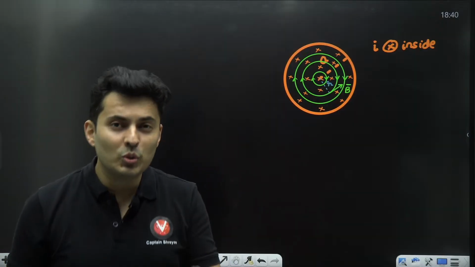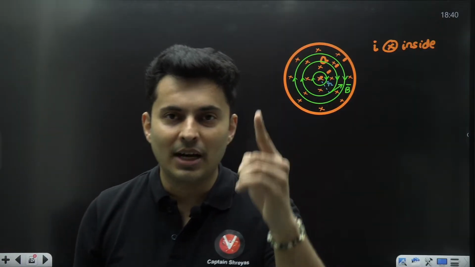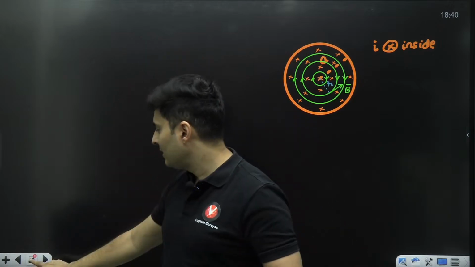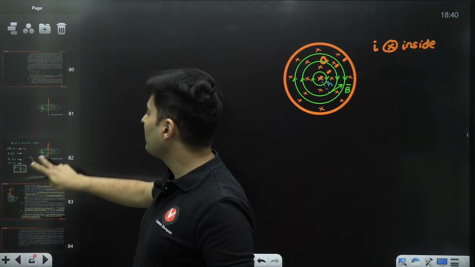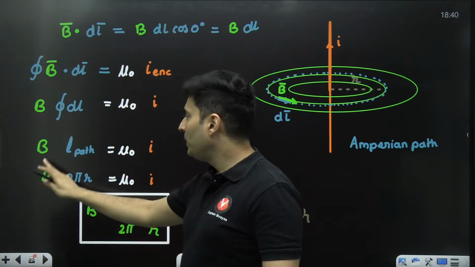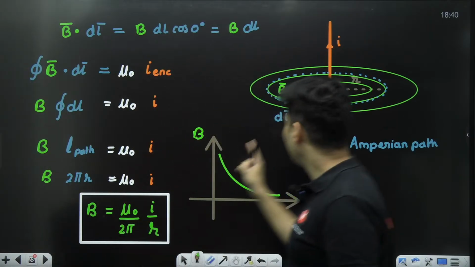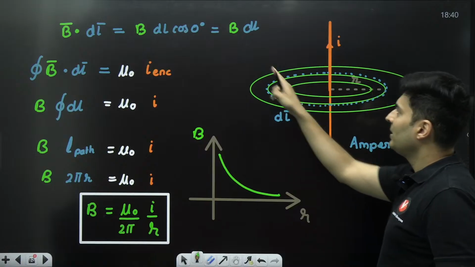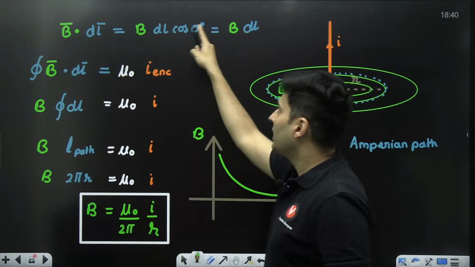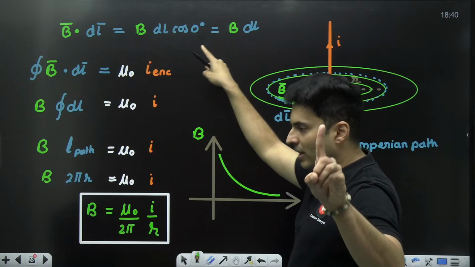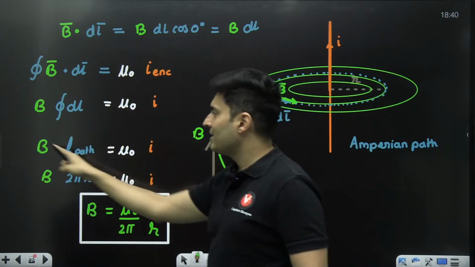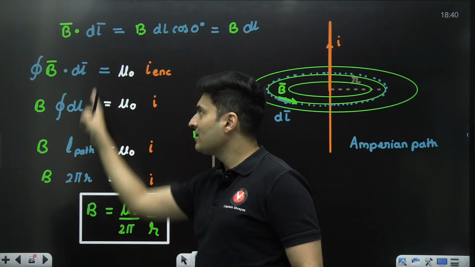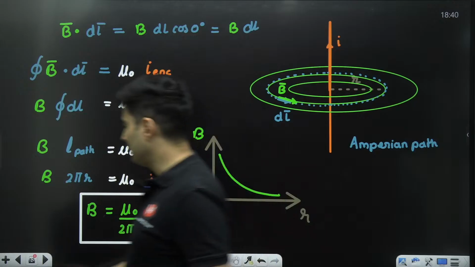I will choose my Amperian loop smartly by moving around that circle, because exactly the same thing will repeat everywhere. B into the length of the path. If I make sure B is along the length that I travel, cos 0 will be 1, and the left hand side will be exactly this.